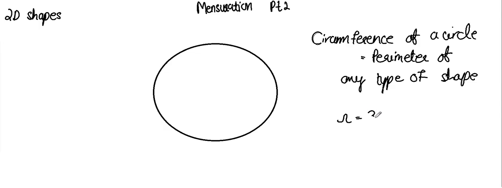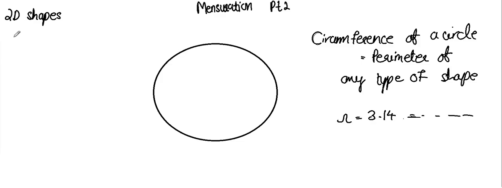Now, the numerical value of pi is quite large. It's 3.142 and it's continuing, so it doesn't stop right here. But we'll assume pi as 3.14 in our syllabus. So in our syllabus, the value of pi is 3.14.